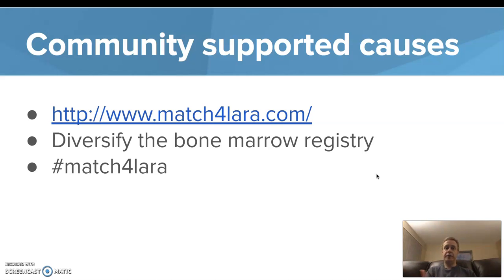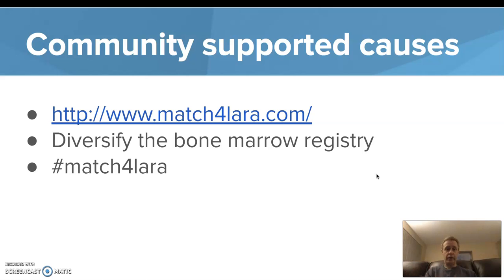So this particular website helped find individuals throughout the world. They could go to this website and put in their information, and it ultimately allowed this individual to find a match to actually receive the stem cell transplant they needed in order to treat their leukemia.